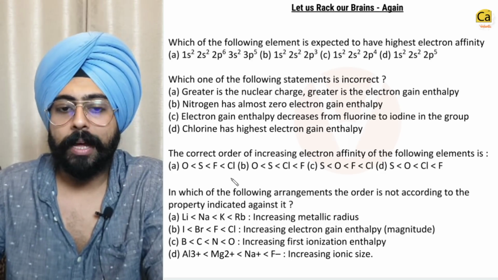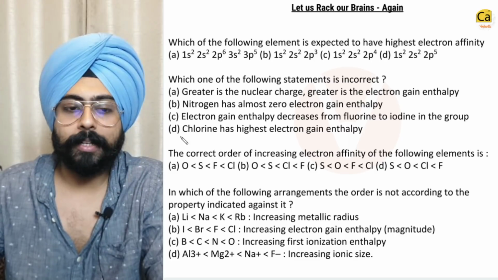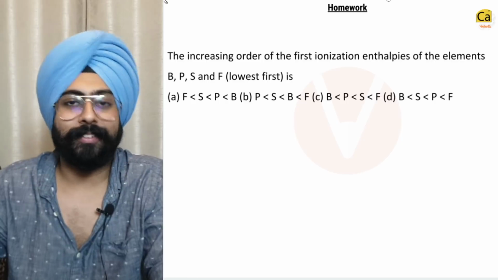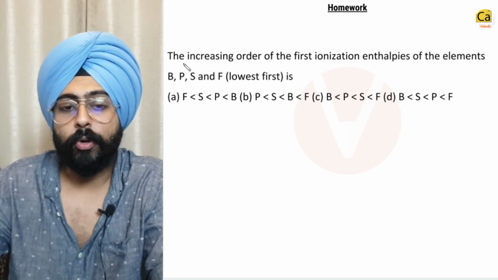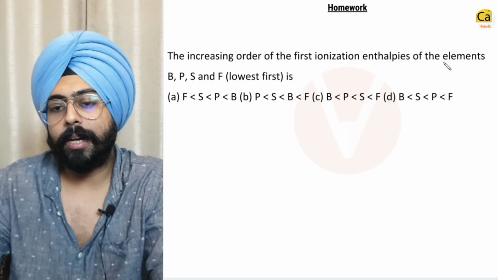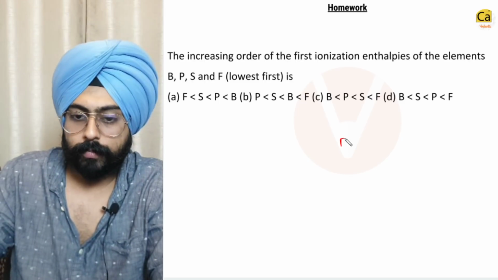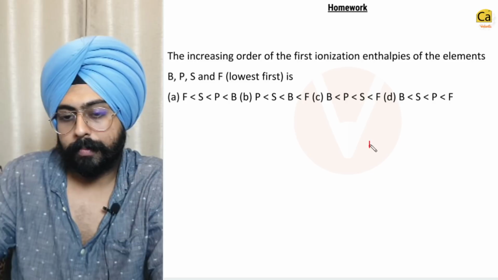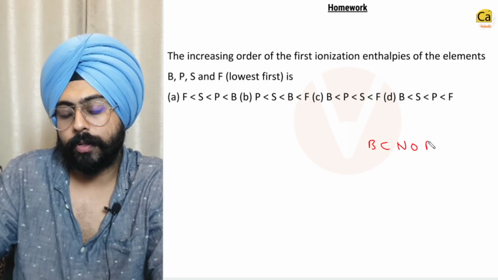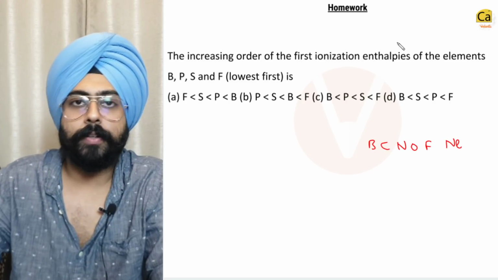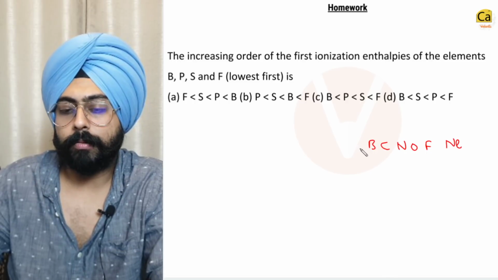Now let's solve some questions. But before I solve these questions related to electron gain enthalpy and electron affinity, I want to touch upon the homework for the previous class. This is the question that I had given you. The increasing order of first ionization enthalpies of the elements B, P, S and F, lowest first, are. This is how the periodic table exists. This is the second period, I've just started from boron.